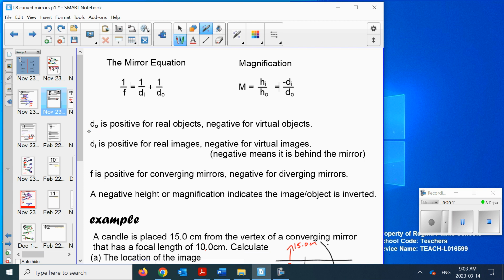So it's always positive. DI, distance to the image, is positive if it's a real image. So if it's on the same side of the mirror as the object. And you know real images can be projected, right? Negative for virtual images. That means it's behind the mirror. And we've drawn those.